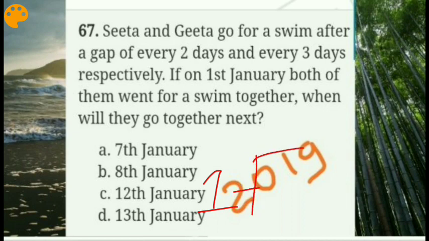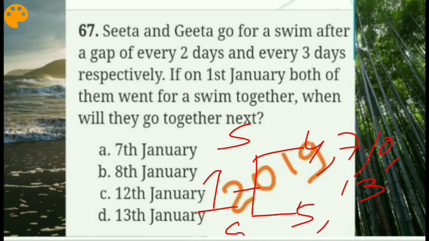Sita is going after 2 days, so she would be going on the 4th, then the 7th, then 10th, then 13th. Gita would be going on the 5th, then the 9th, then the 13th. You can find 13 is common between them, so the answer would be 13.